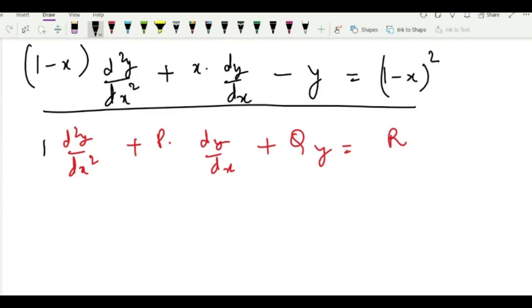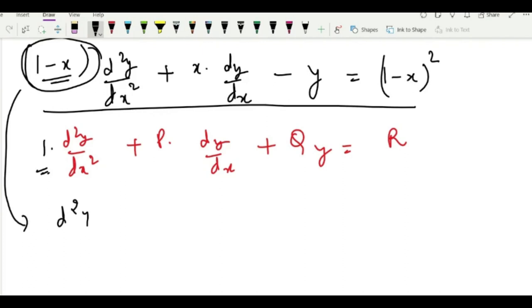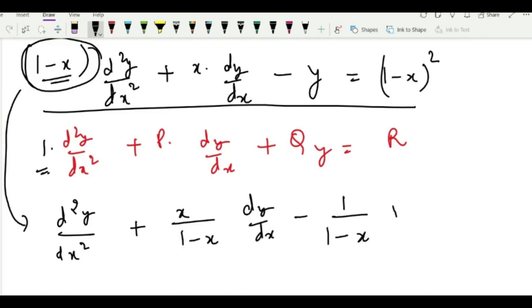How can we write it? We have to make the coefficient 1. So divide this whole equation by 1 minus x. We can write this equation as d2y upon dx square plus x upon (1 minus x) dy by dx minus 1 upon (1 minus x) y is equal to 1 minus x.